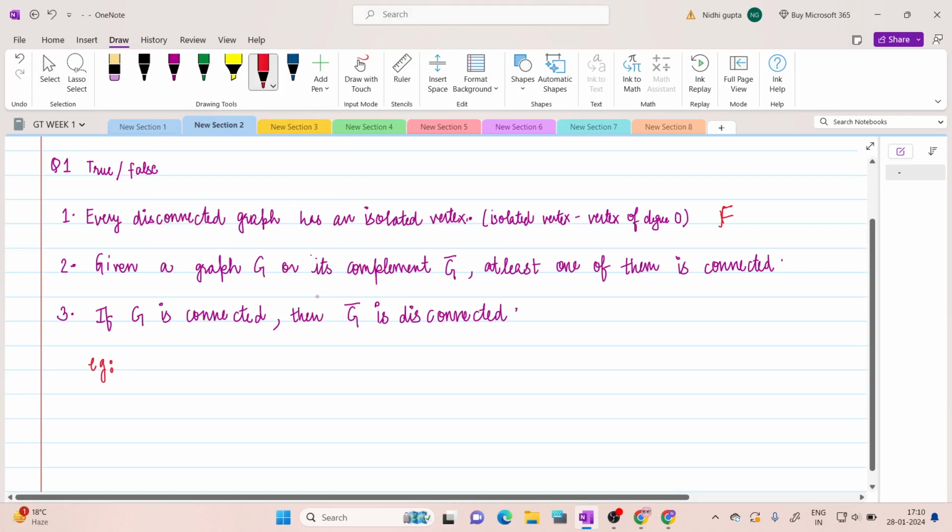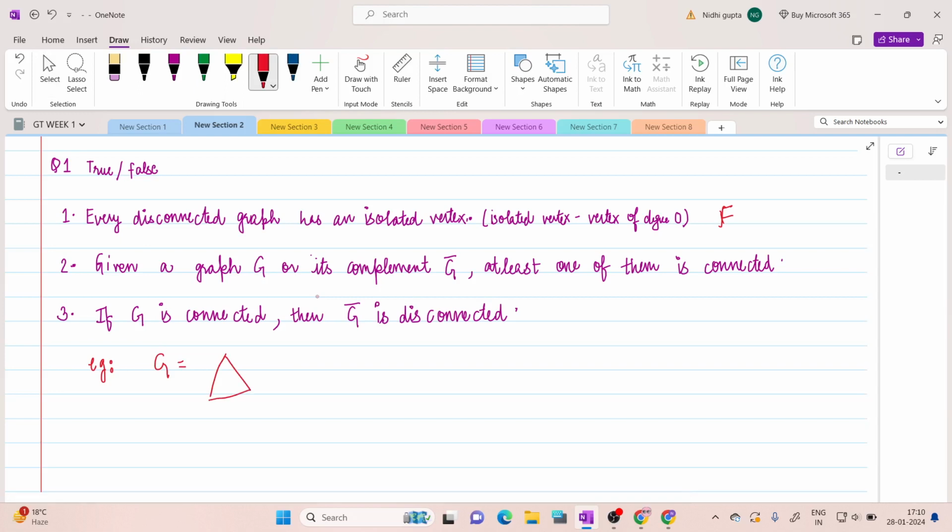So you are saying if we take G equal to the triangles A B C and D E F, this G is disconnected, but G does not have an isolated vertex. So your answer is correct.